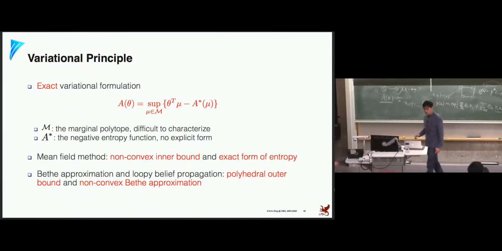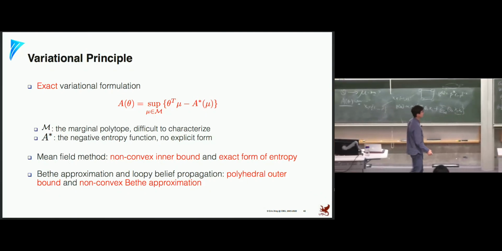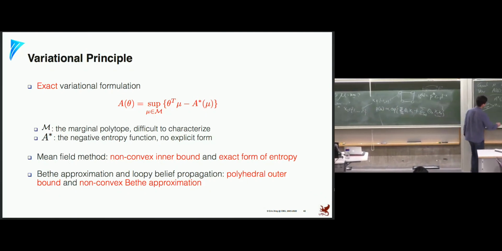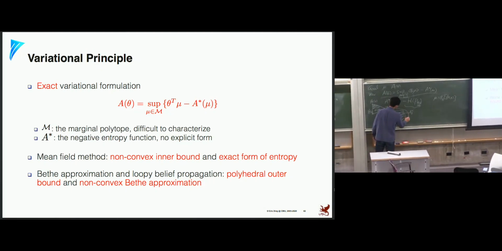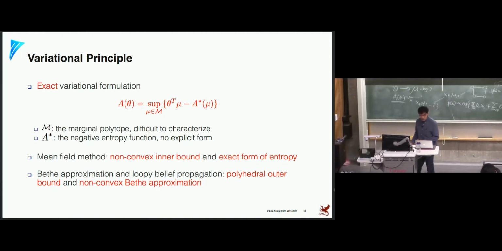And what loopy BP corresponds to is replacing this M with something that upper bounds this marginal polytope, and then using some corresponding entropy approximation for A star.